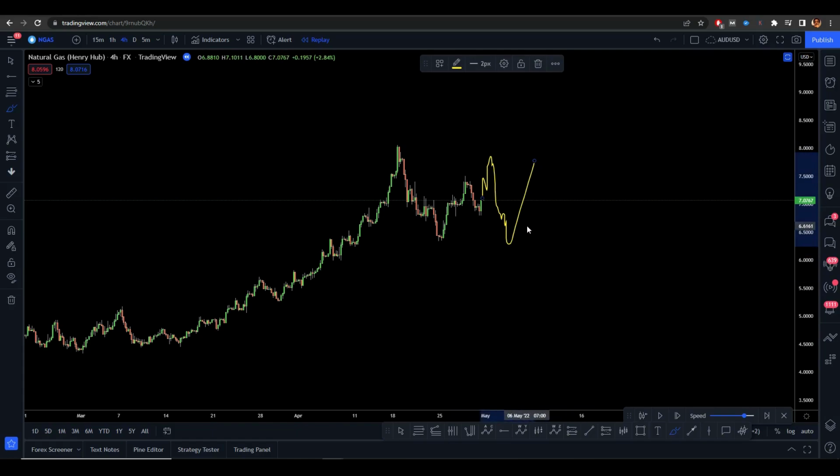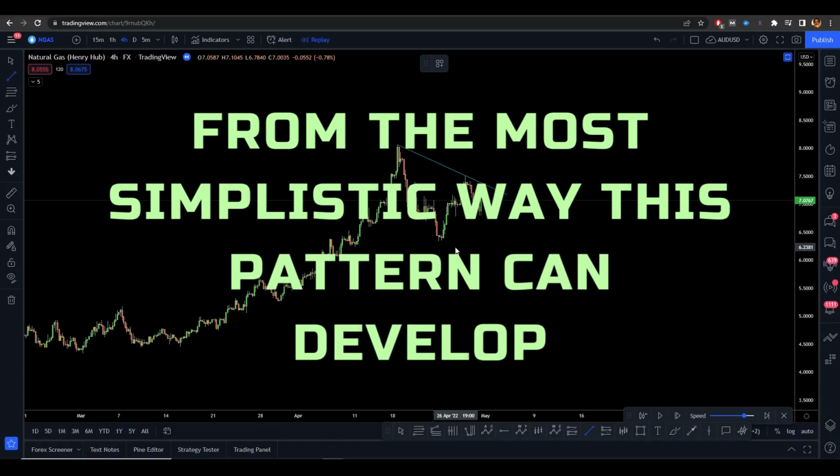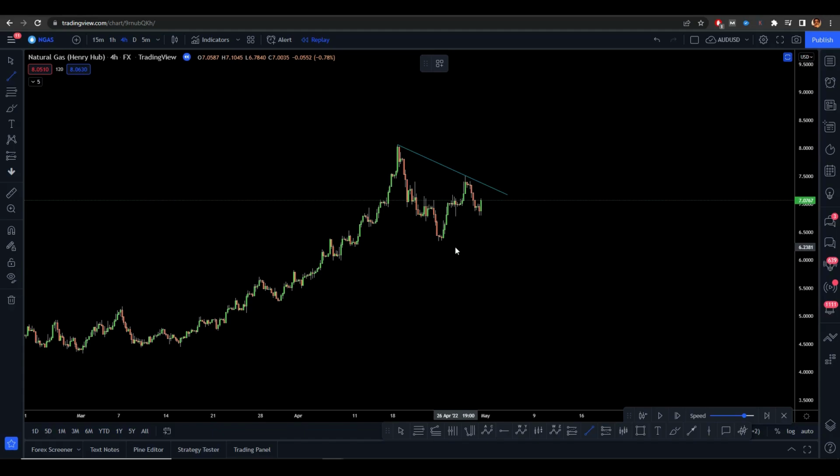There are many ways in which this can unfold, but I always do my analysis and look at these patterns from the most simplistic approach that this pattern can take, or the most simplistic way that this pattern can develop. And then as I get more data on the charts, I adapt and adjust my pattern analysis.